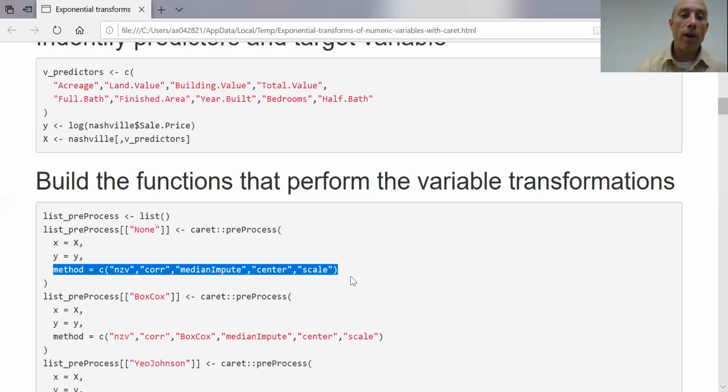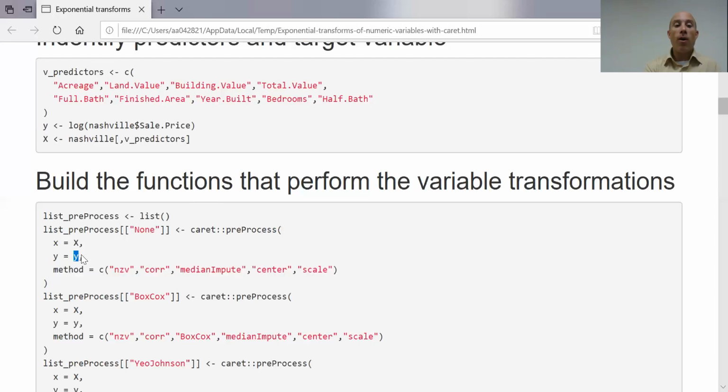Specifically, it's going to be working on the predictor matrix. Now, some of the options inside preProcess will use the target variable if I provide it to improve the output. A lot of them don't need it. A lot of them will work with or without. You'll get the best result possible if you include that target variable.